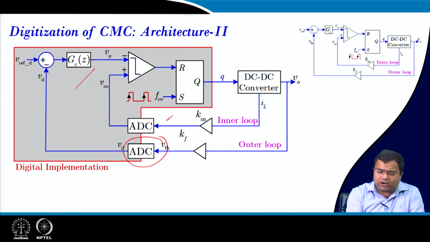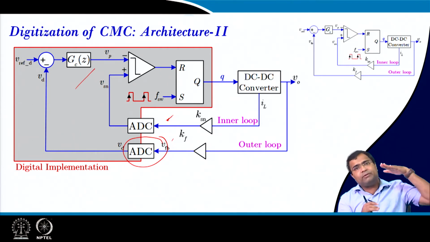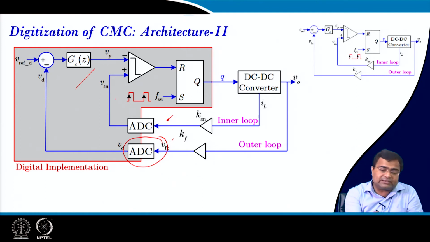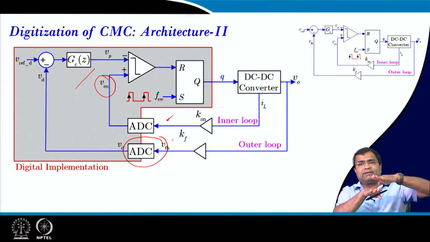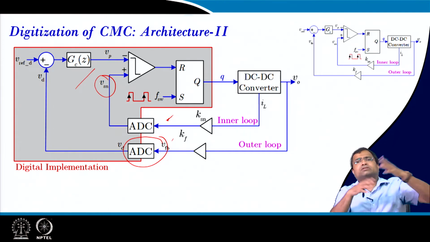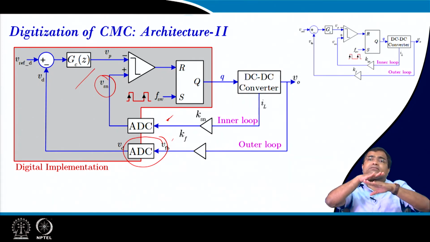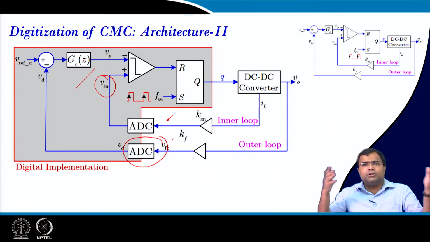If you take only one value of the current and one value of the voltage, then the current reference will be fixed for the same duration. Sample the inductor current which is here, that will also be fixed. So either the current difference can be above the sampled value of the current, then the whole cycle will be on, or the current sample can be above the current difference, then the whole cycle will be off. So you cannot get an on-off operation, it will be either fully on or fully off.